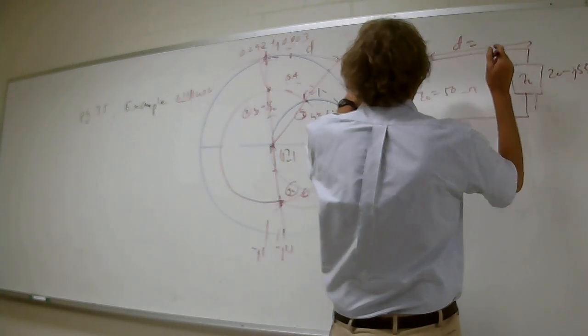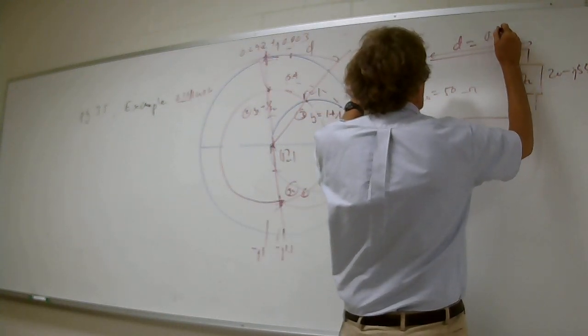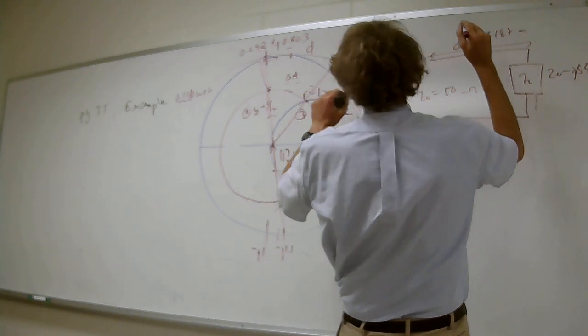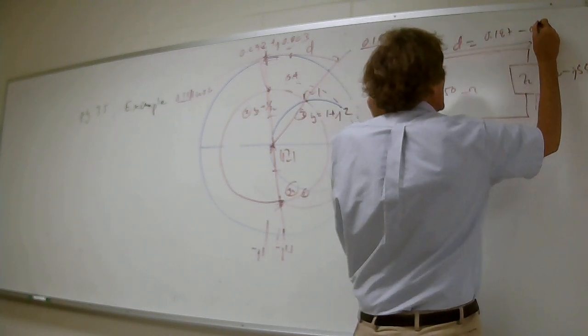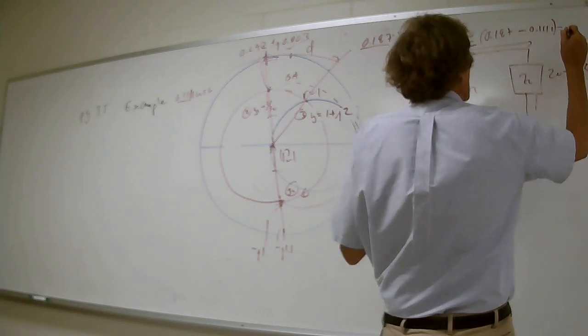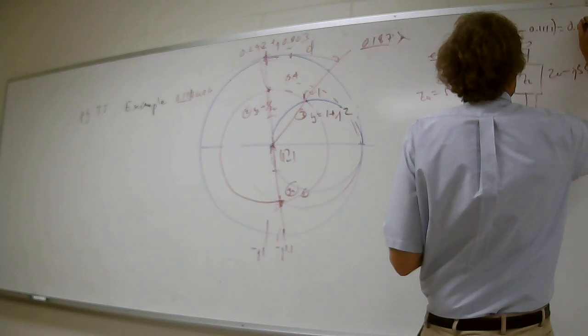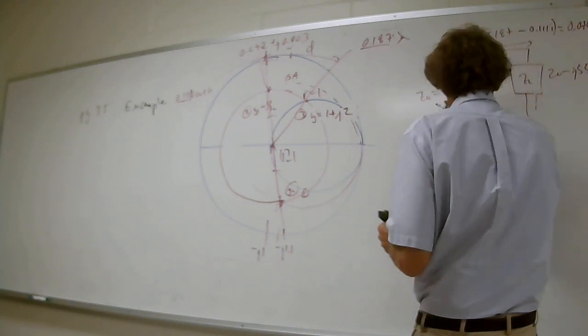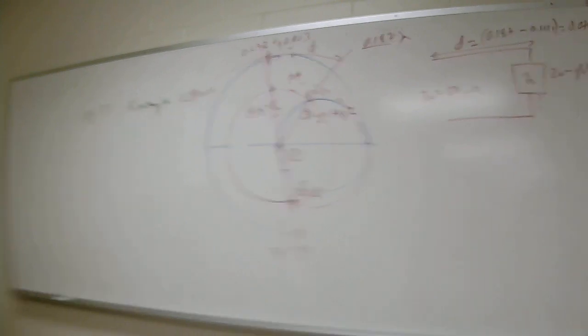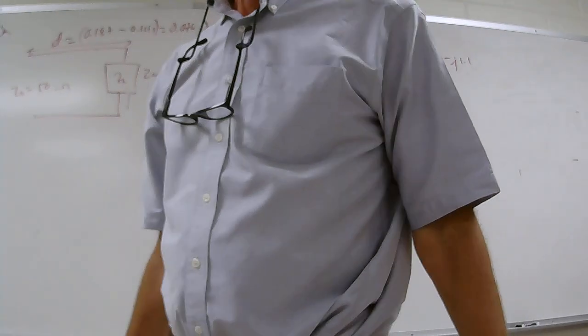It's the mile marker here, which is 0.187, minus mile marker there, which is 0.11111, right? And that's going to be 0.076 length. See in his book if he has that value. It's 0.075 in the book. It's very, very close.